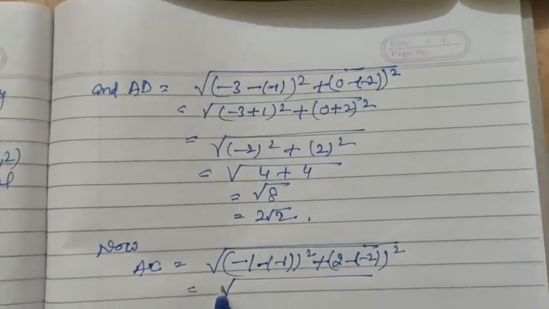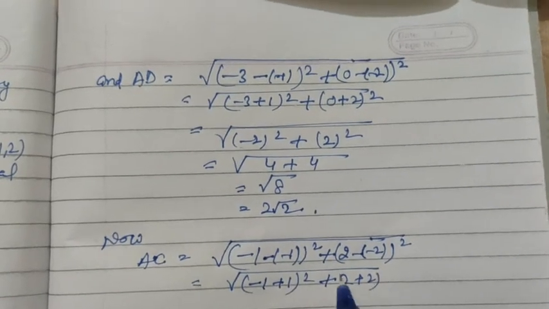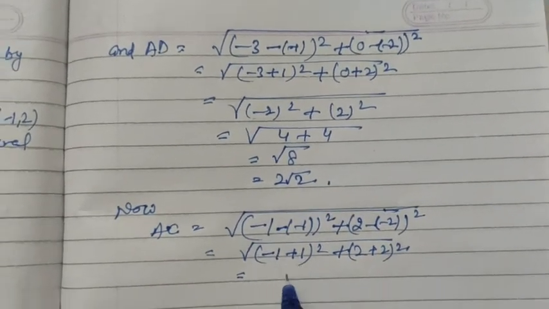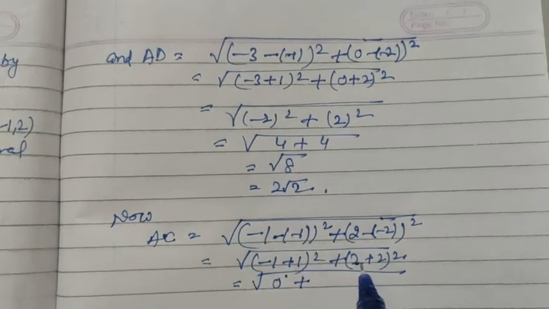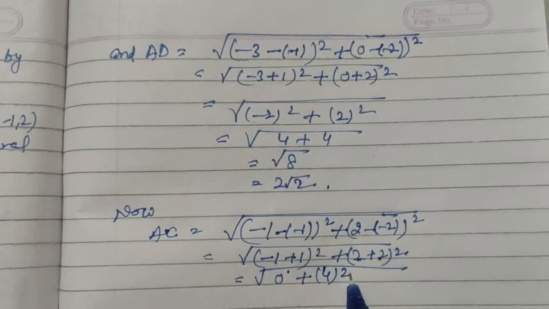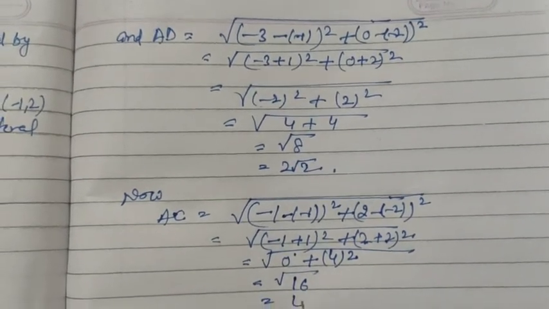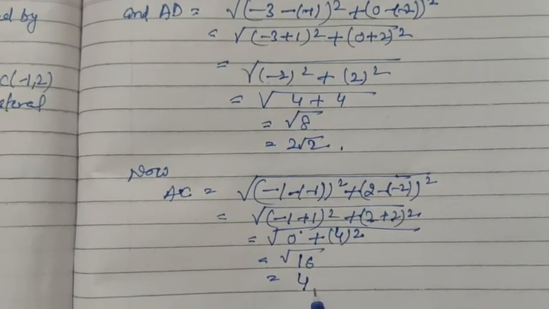So this will be minus 1 plus 1 whole square plus 2 plus 2 whole square. So this will be 0, minus 1 plus 1 becomes 0, 0 square becomes 0, and 2 plus 2 becomes 4, 4 square we have. So this will be 16, and the square root of 16 becomes 4. So AC we have as 4.